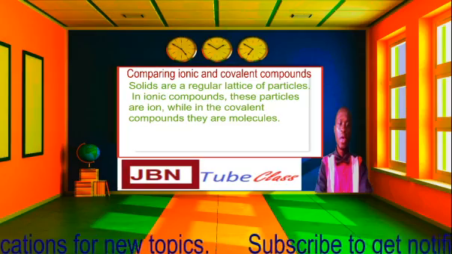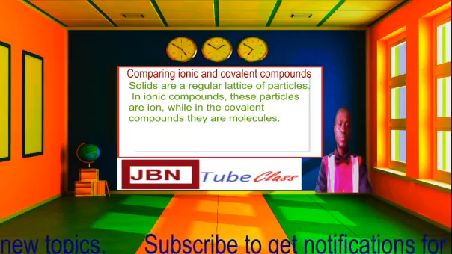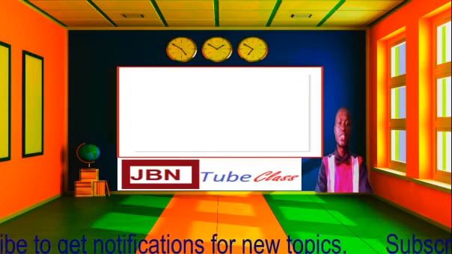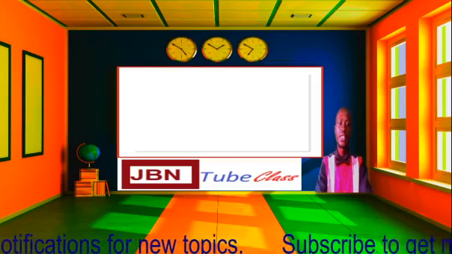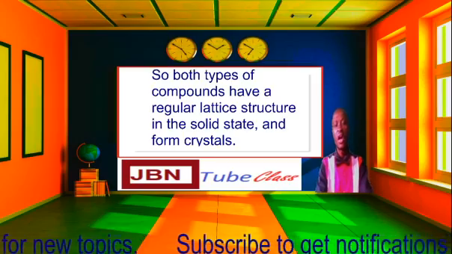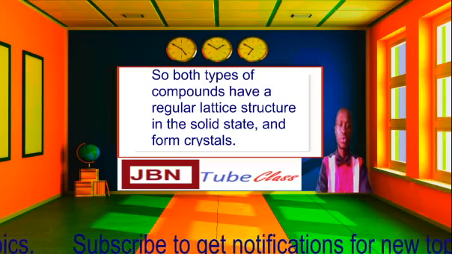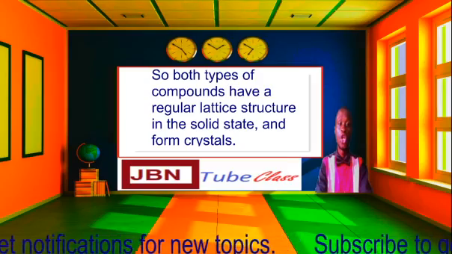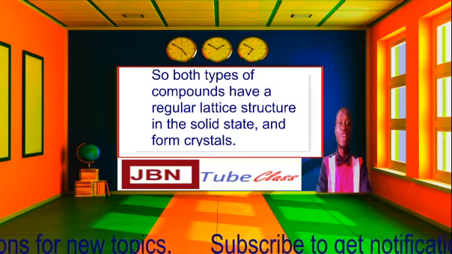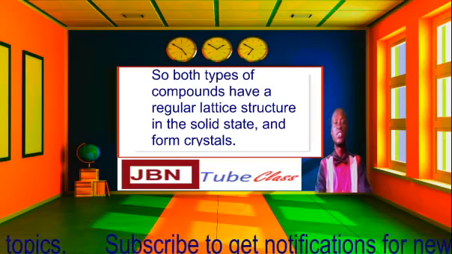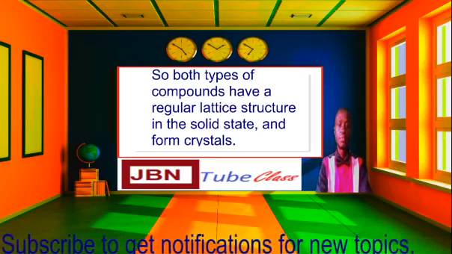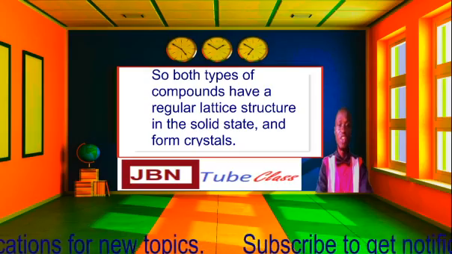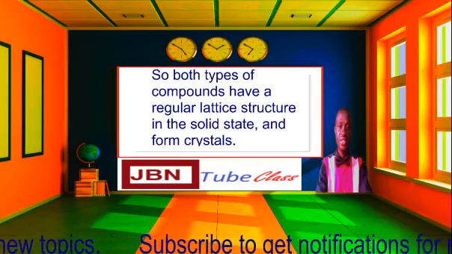So we can now take a summary of this, looking at ionic and covalent compounds. Both types of compounds, number one, have a regular lattice structure, and number two, both of them form crystals.